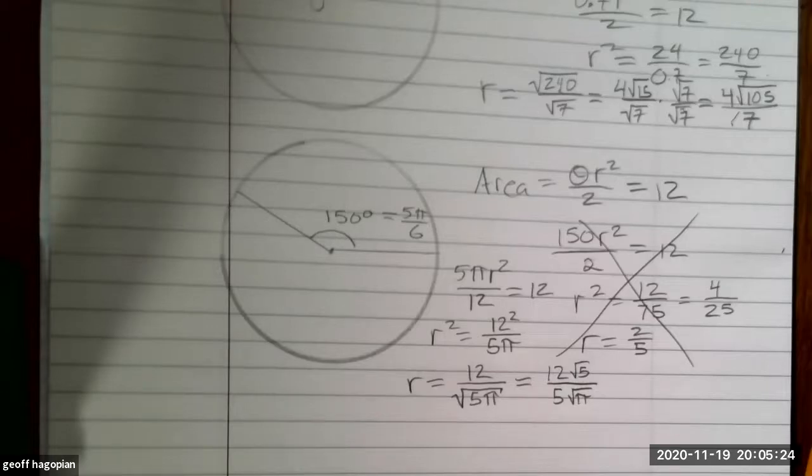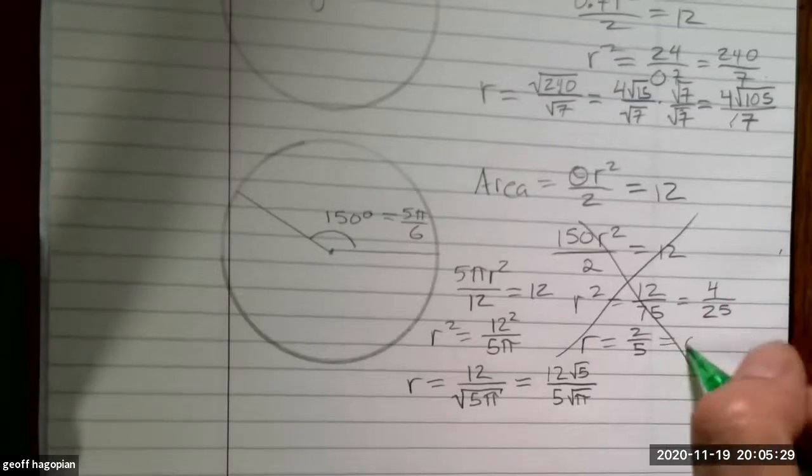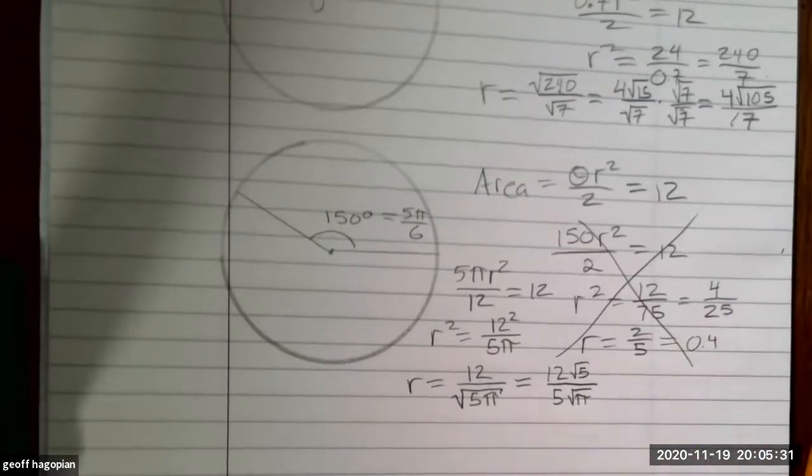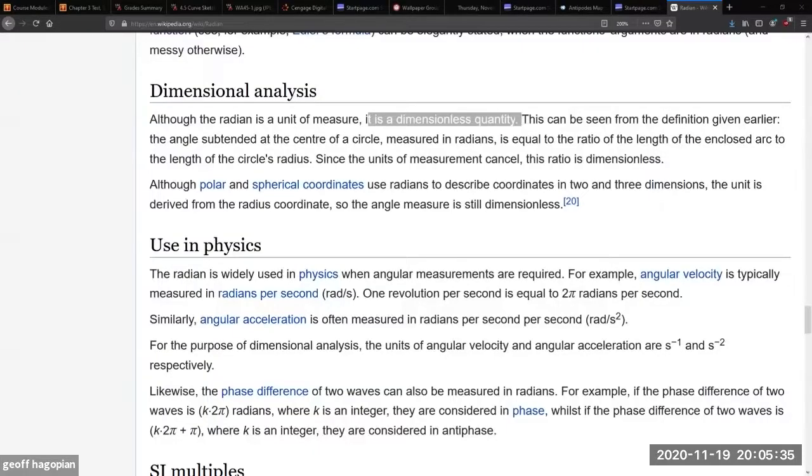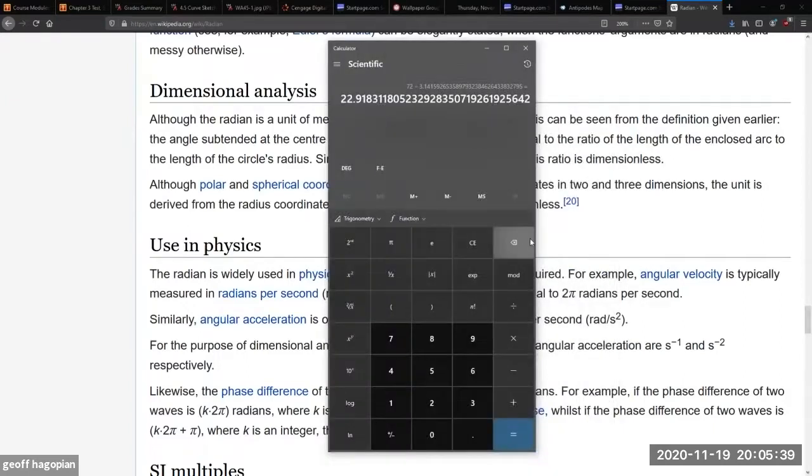You can't simplify that further, really. But let's compare this. So this was like 0.4, and I don't have a good sense for how big that is. So let's go to our calculator, see if we can compute it. So can we clear everything here? Okay. So this is 12 times square root.